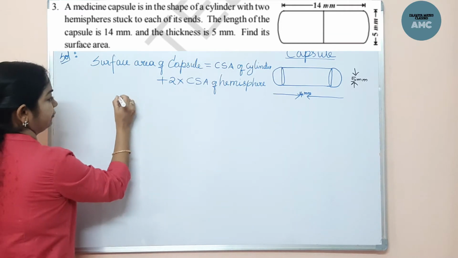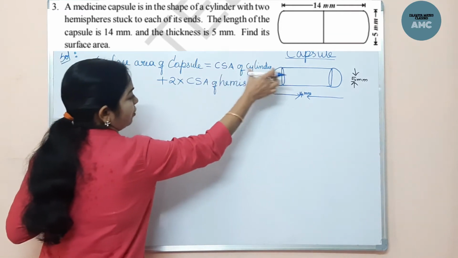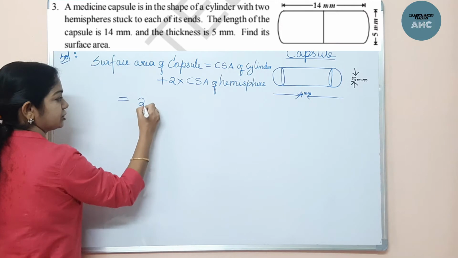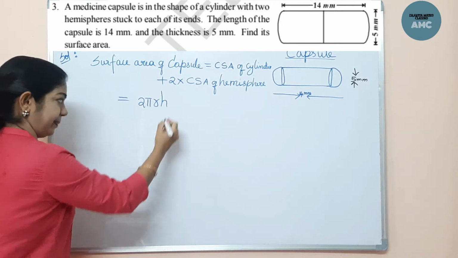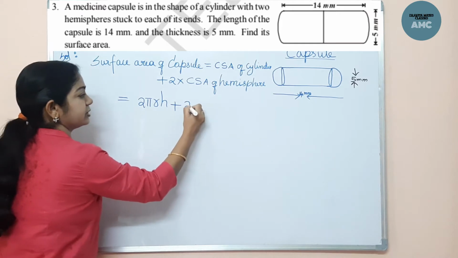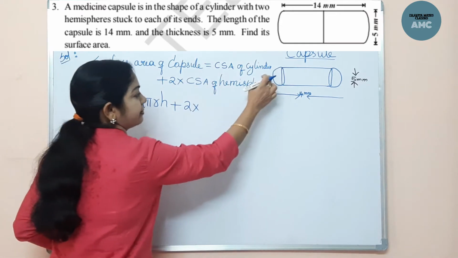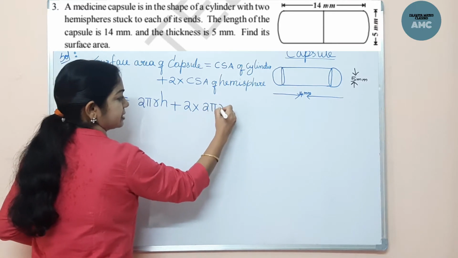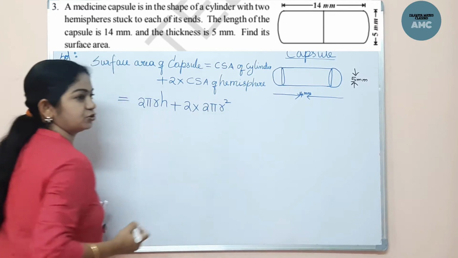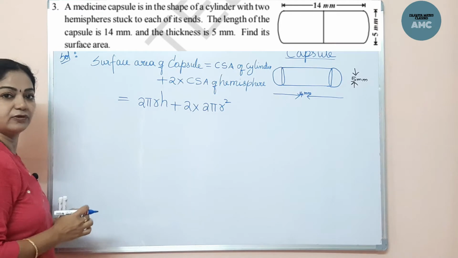Let us write the formulae. CSA of the cylinder is 2 pi r h, plus 2 into CSA of the hemisphere. CSA of a hemisphere is 2 pi r square, and it is taken twice. This is the complete formula.